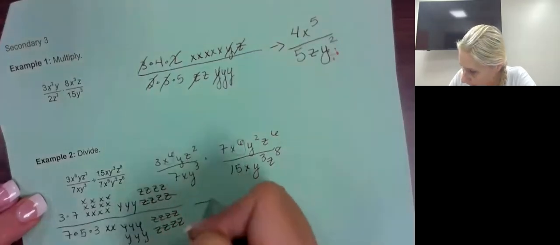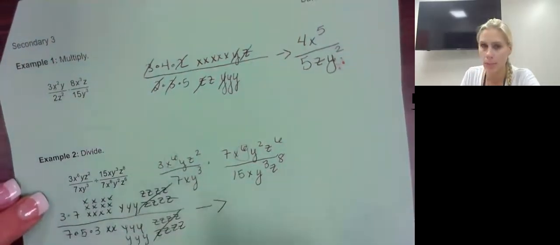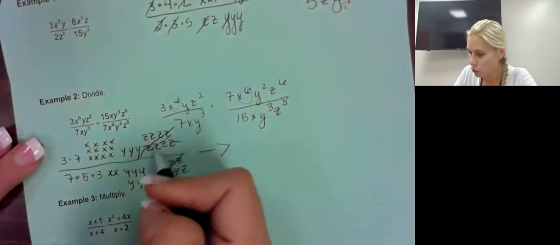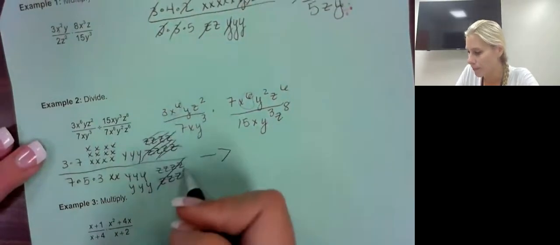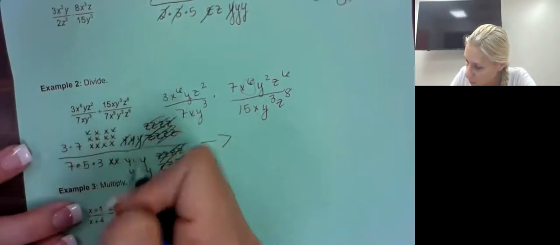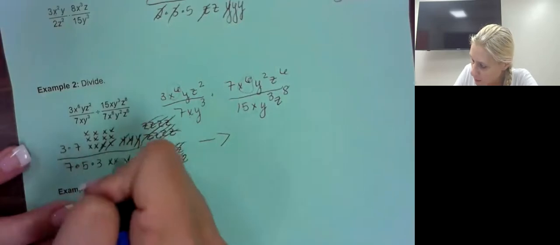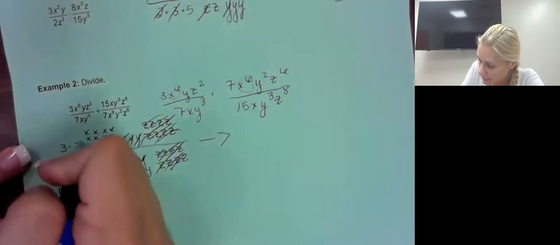All right, let me cancel. Well, what's great is I have 8 z's on top and 8 z's on the bottom. They're all gone, and I ignore those, right? 3 y's on top can cancel with 3 y's on the bottom. 2 x's, 2 x's, 7, and 3.